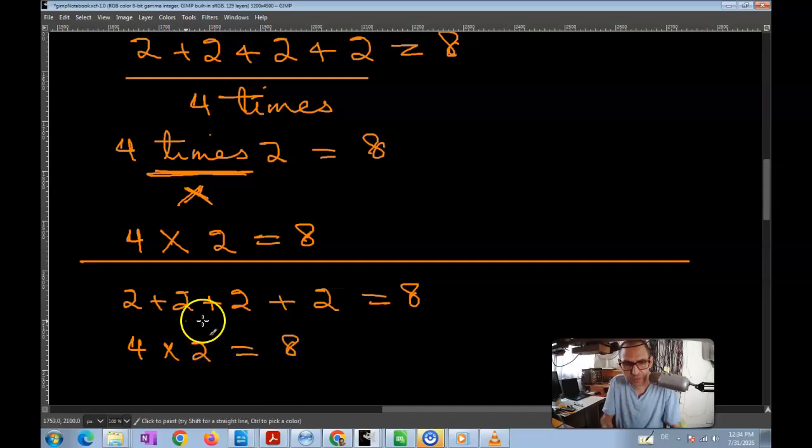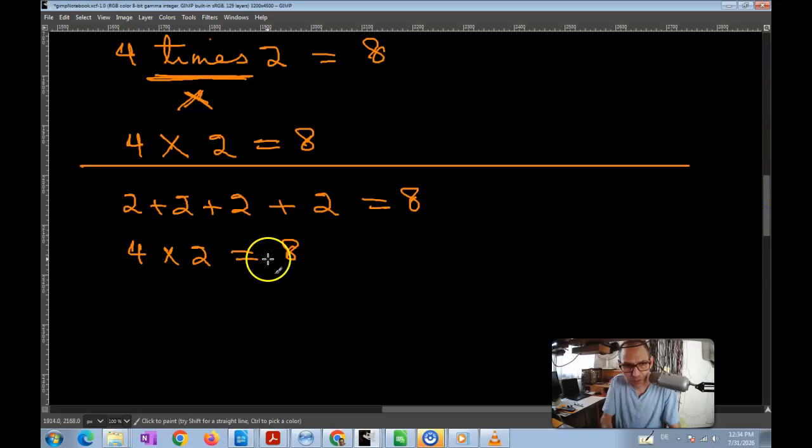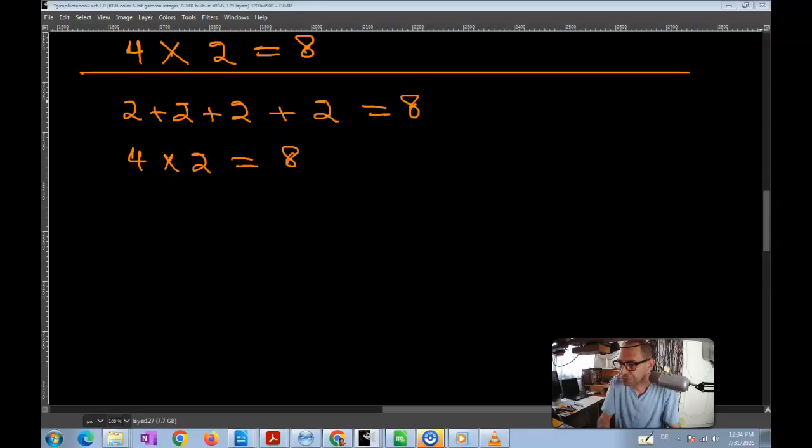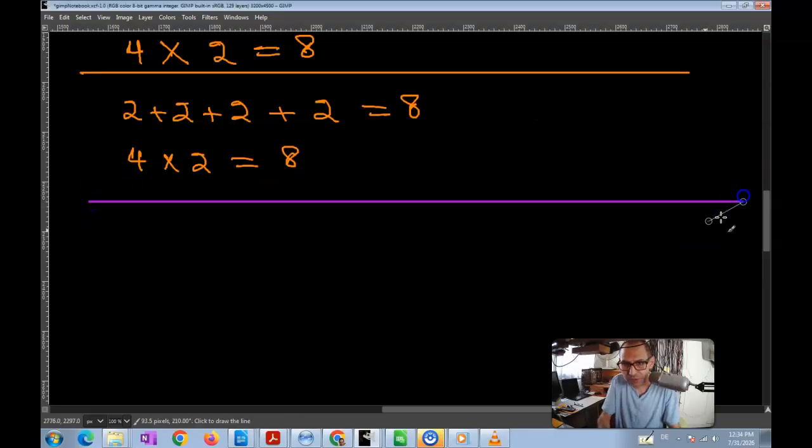And you see that the length of this remains the same whatever the number of numbers that you add together, which is the power of this expression. Meaning that if I were to write, for example, 2 added 16 times now. This is 4 times.